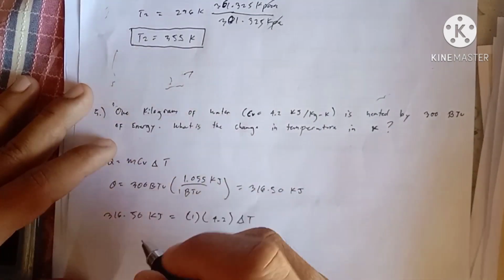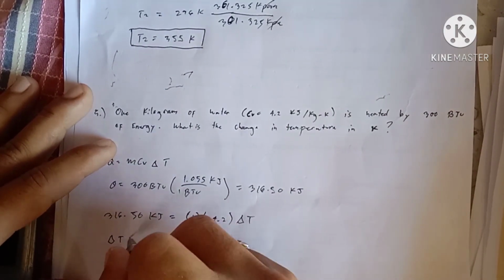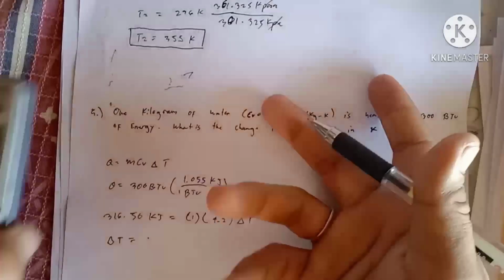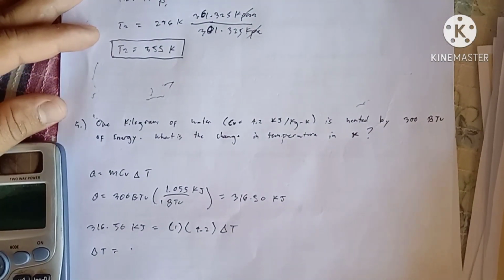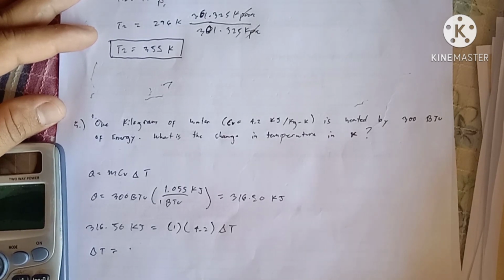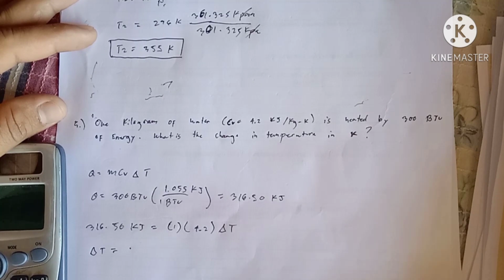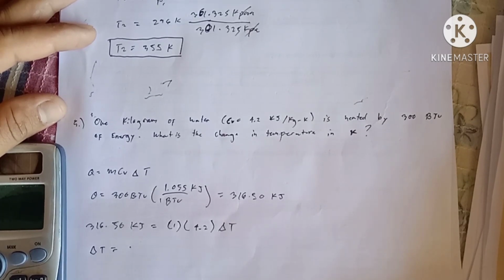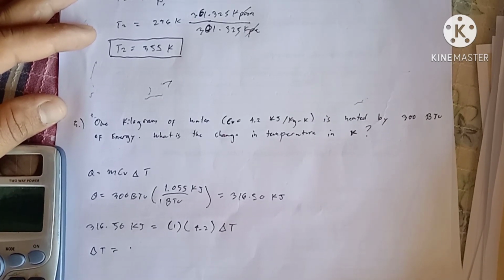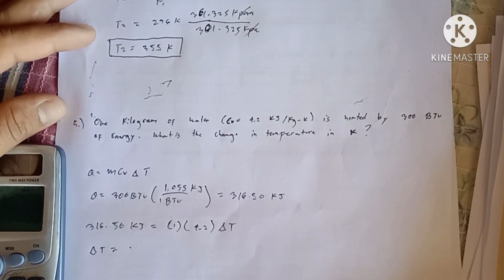So the answer for temperature: 316.50 equals 1 times 4.2 times alpha x.